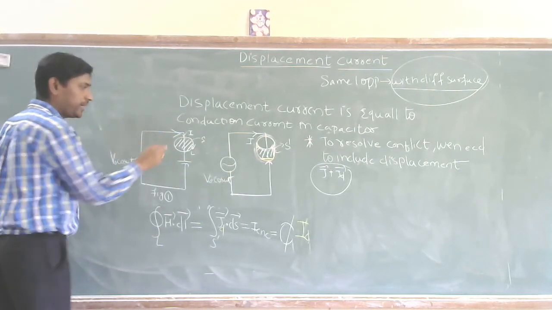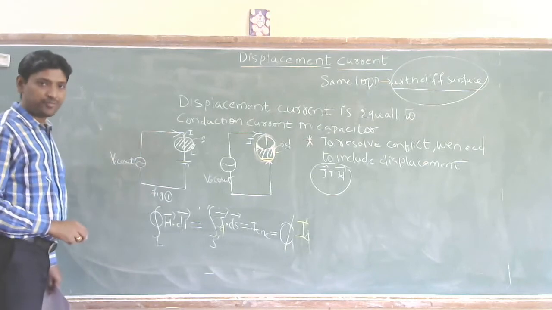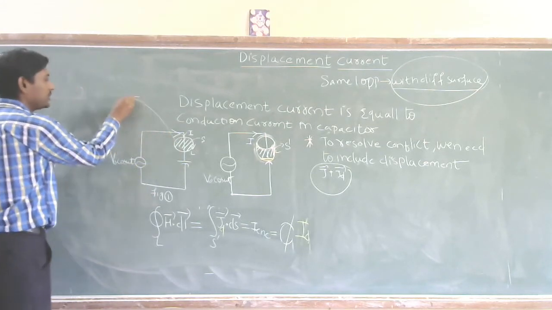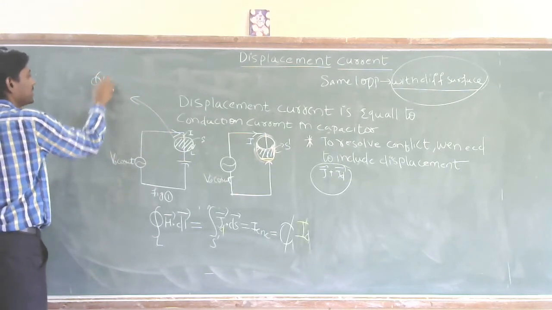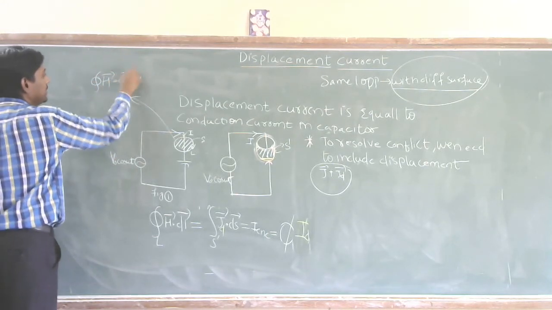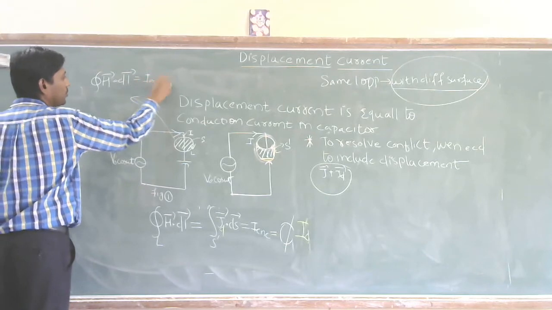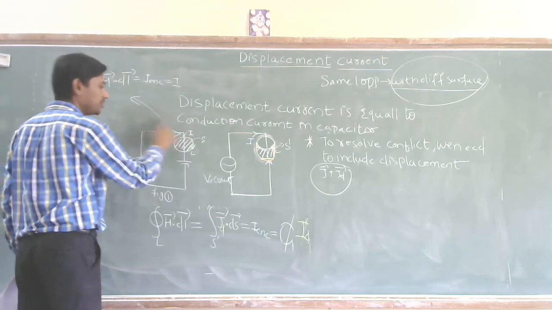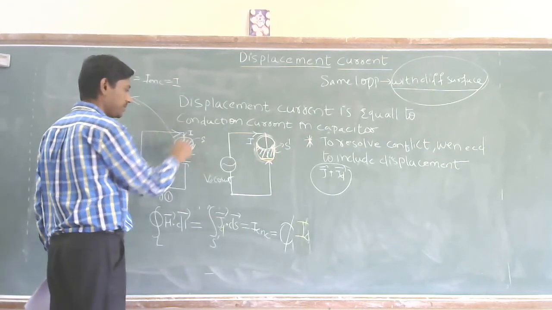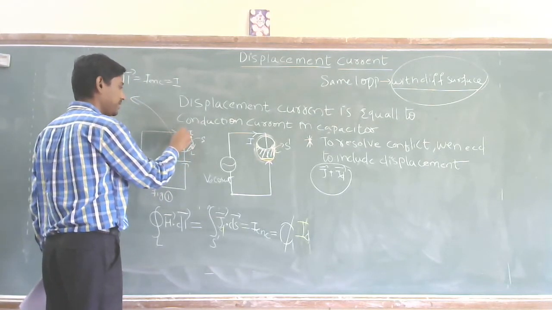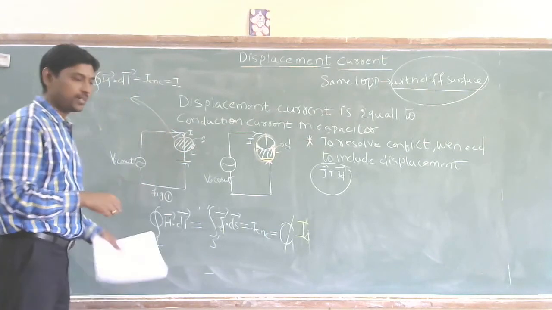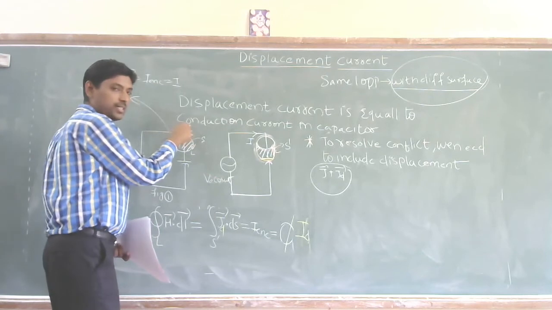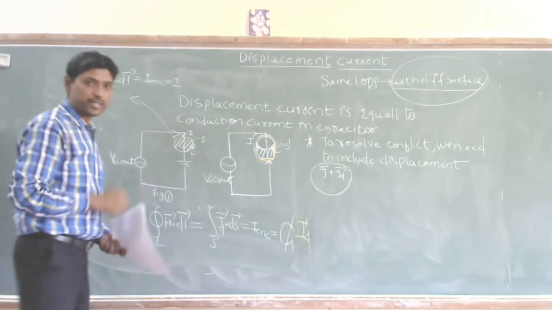So now if I want to apply Ampere's circuital law to this one, H dot dl is equal to I enclosed, and this I enclosed is equal to I, because this current is flowing through a conductor, and the surface S encloses this particular current, that is a conduction current.